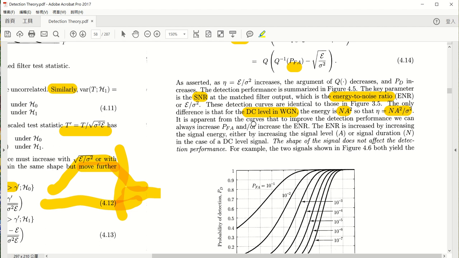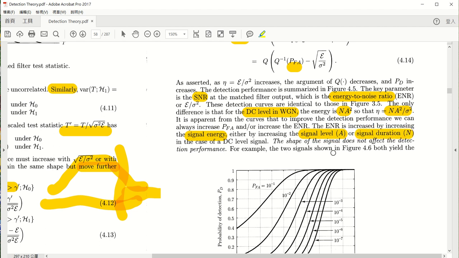It is apparent from the curve that to improve the detection performance, we can always increase PFA or increase the ENR, or you like to say SNR, it doesn't matter. So increase the signal energy, either by increasing the signal level or signal duration.